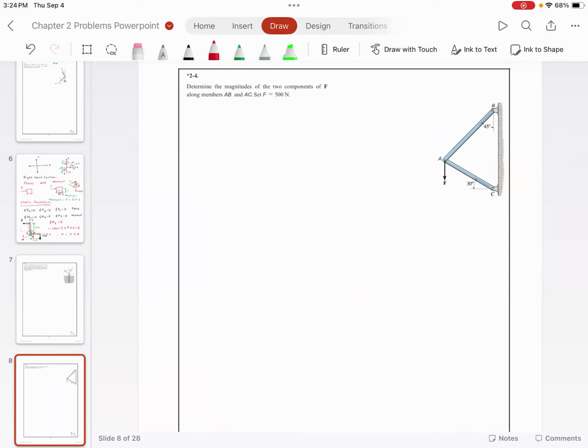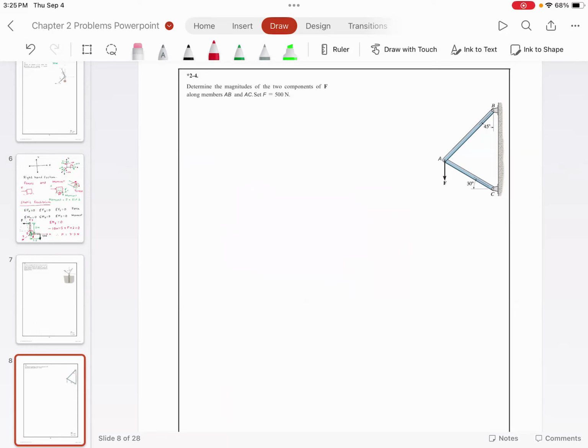Now, I want you to look at this problem, and I want you to tell me that this whole truss is not going anywhere. So do you agree with me that this truss is in static equilibrium condition? Which means forces in the x direction, forces in the y direction, they cancel each other.